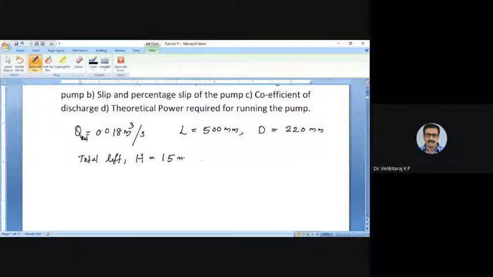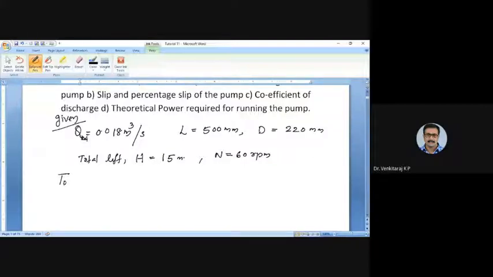Then speed of rotation RPM is 60. So these are the data given. So these are given quantities.